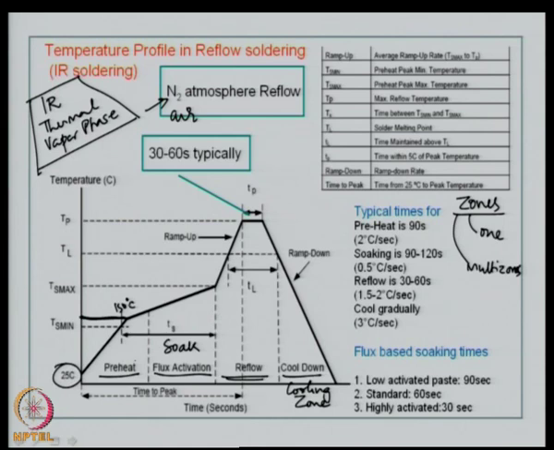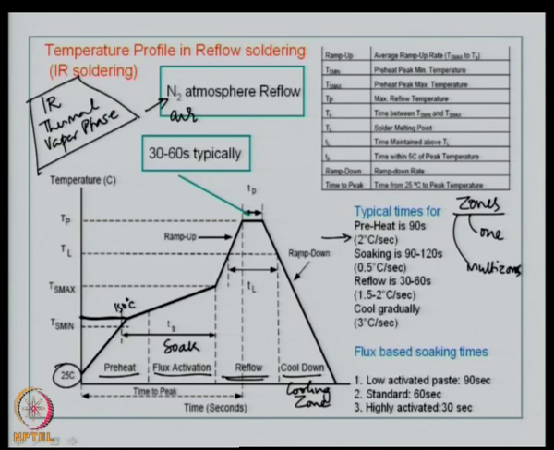So, you do not want to hurry up this preheat zone. So, this typically should be done at 2 degrees centigrade per second, and you can have a preheat zone dwelling time of about 90 to 110 seconds. So, that is the kind of guideline that I can give you for preheat zone.